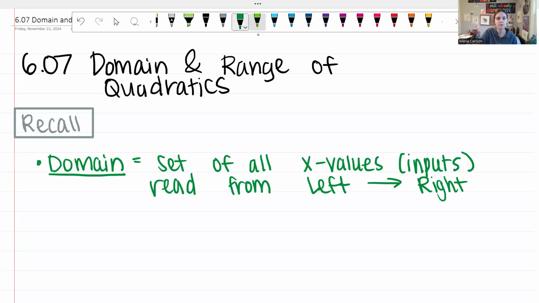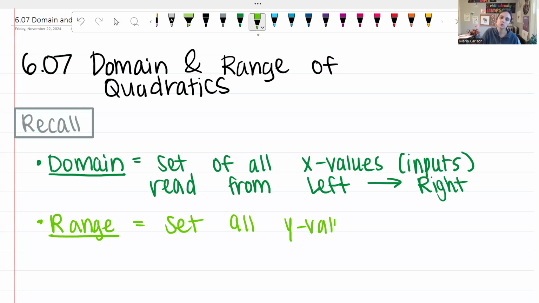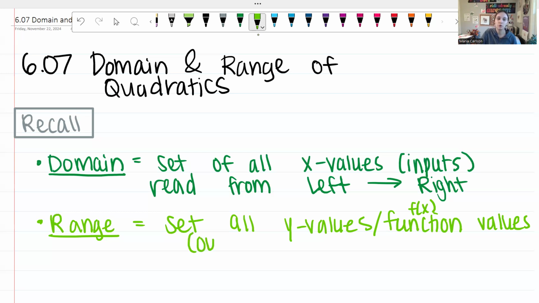Your range, that is the set of all the y values, or what we sometimes just refer to as the function values, because f of x is the same thing as y. And these are really just talking about the outputs.